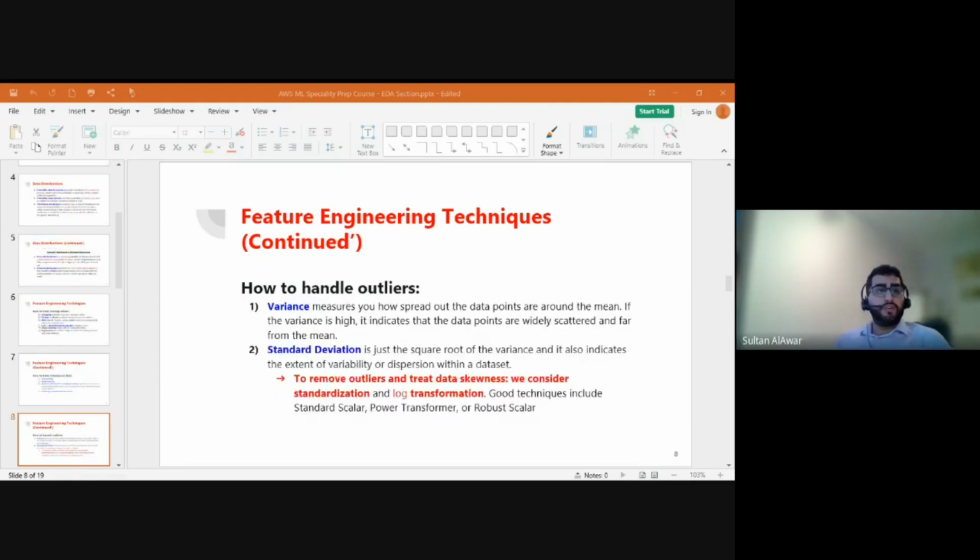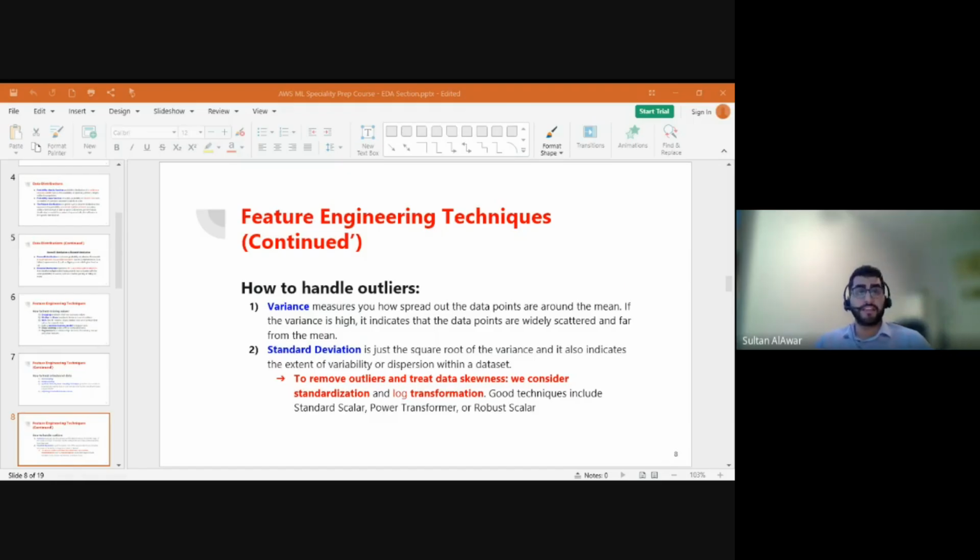Also, to continue on how to handle outliers. If we have outliers in the data, or data skewness, we can think of variance and standard deviation in order to detect these outliers. Variance is a statistical measure which helps us measure how the data is spread around the mean.